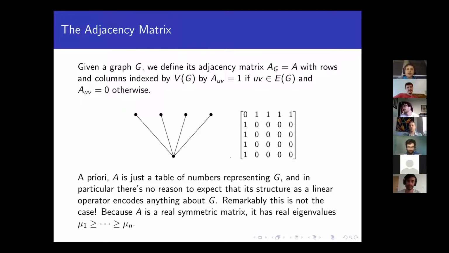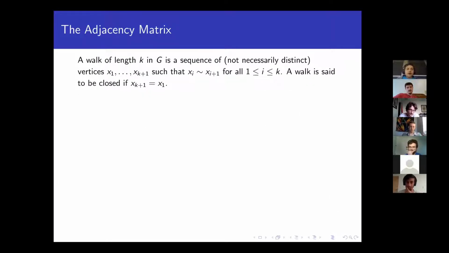In particular, I'll note that the adjacency matrix is going to be a real symmetric matrix. In particular, it has real eigenvalues, which I'll order and denote as follows. As a first hint of what this matrix can tell us about our graph, I'm talking about walks in a graph, which is formally defined like this, but I'll just define it by example.